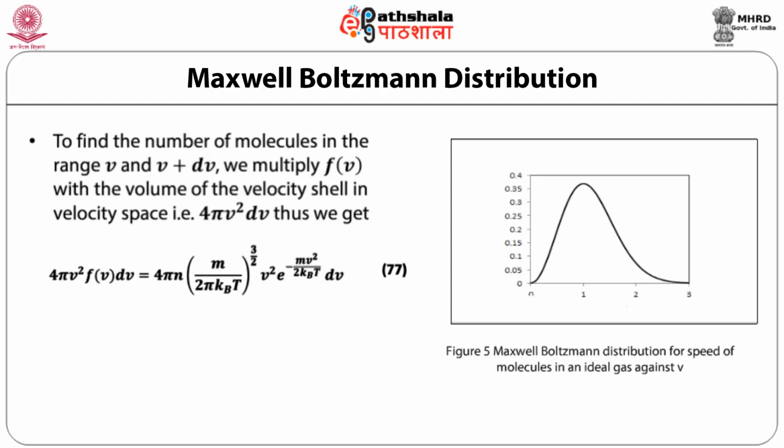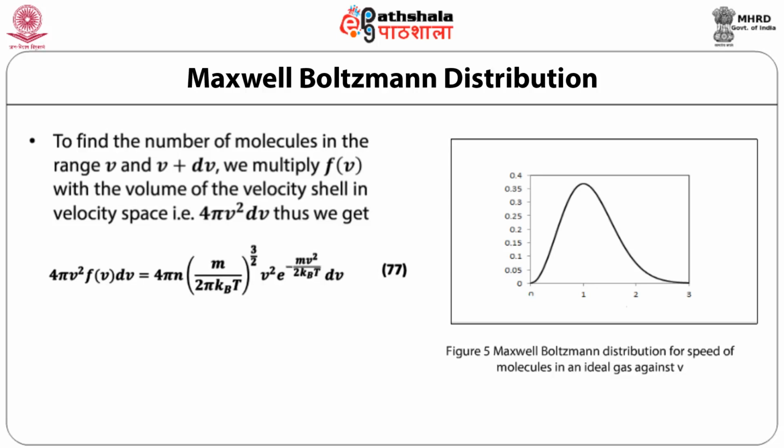Thus we get 4πv² f(v) dv is equal to 4π N/V (m/2πk_BT)^(3/2) v² e^(-mv²/2k_BT) dv.